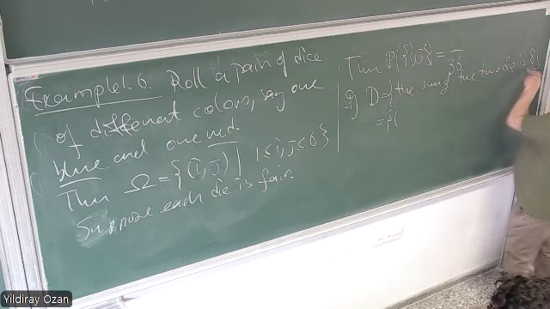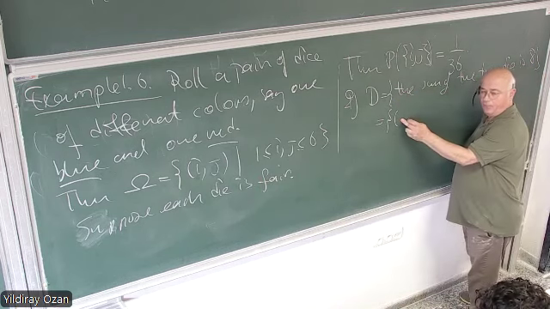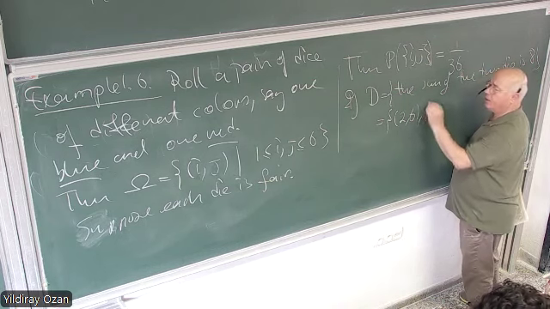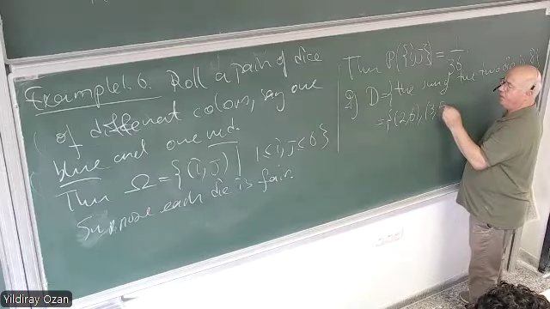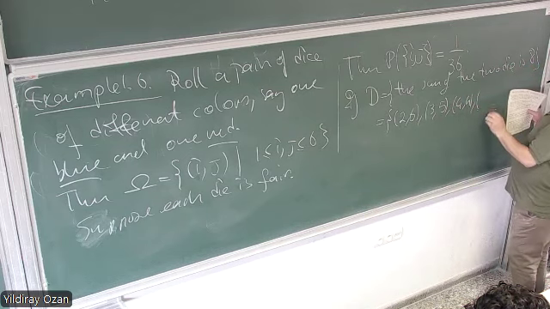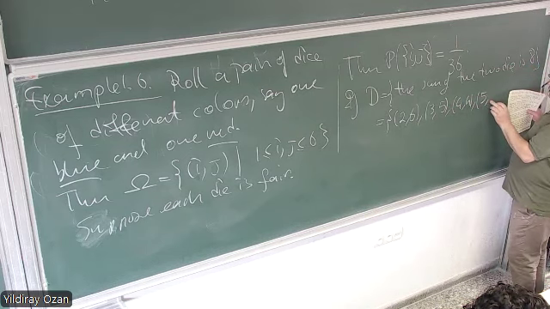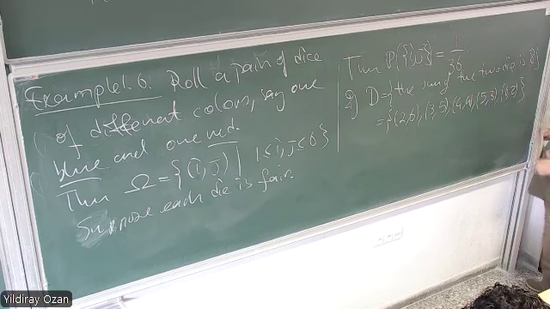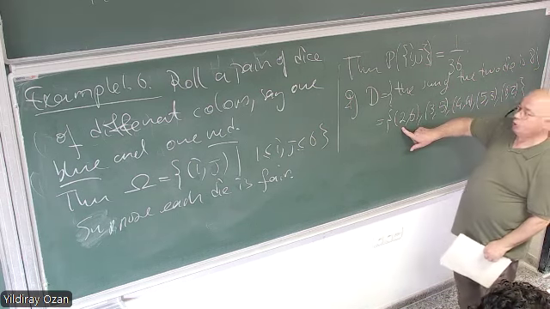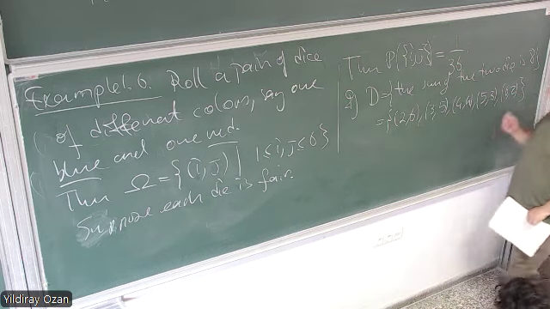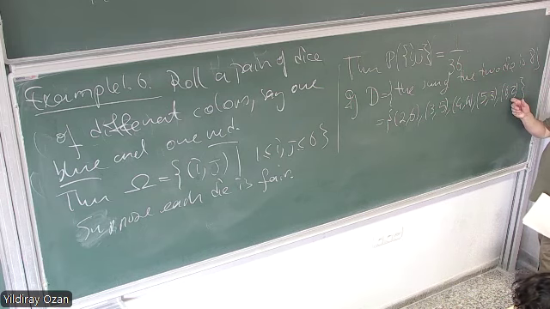For the sum to be 8, we don't have (1, 7), right? We have (2, 6), and then (3, 5), and then (4, 4), and then (5, 3), and (6, 2), right? These are all different outcomes. The blue die comes 2 here, 3 here, and so on, and here the red one comes 2, okay?